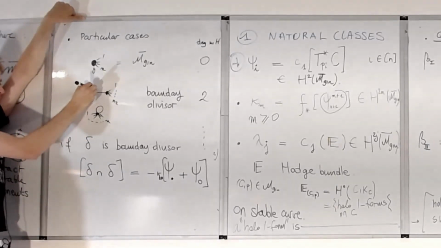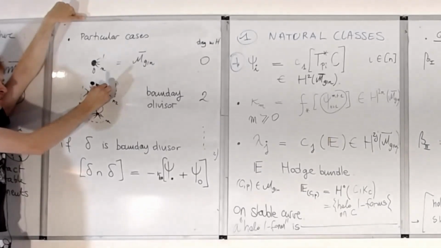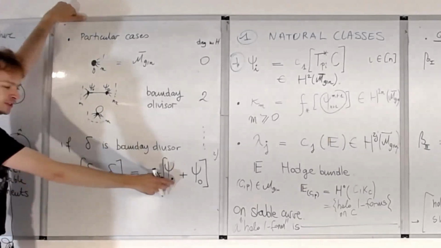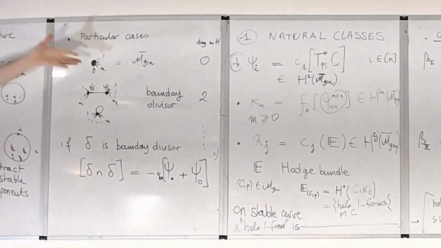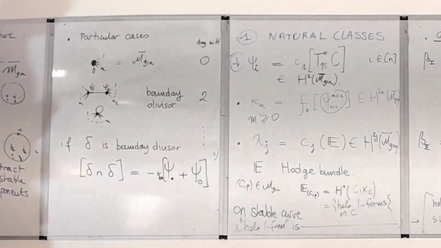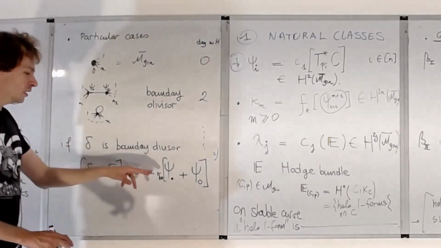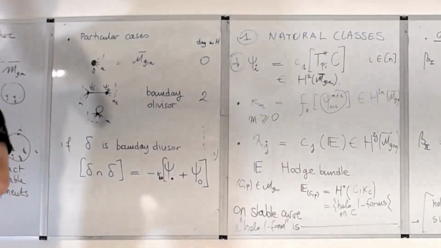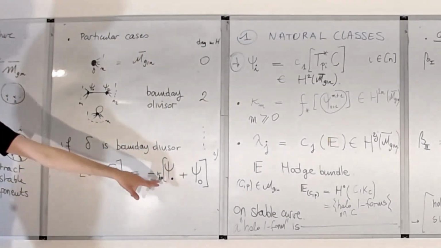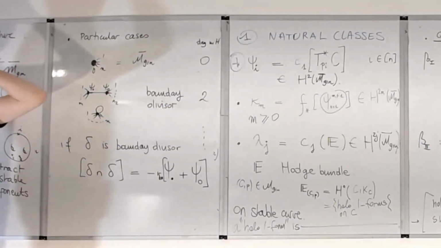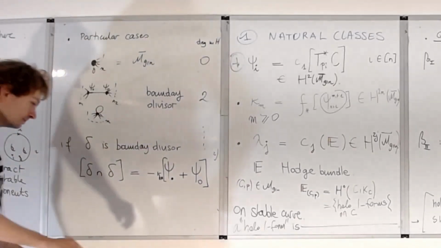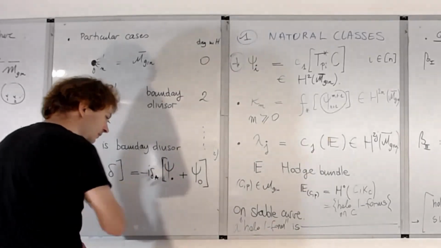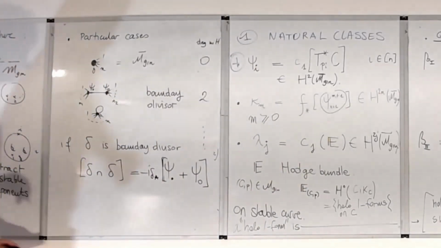So there's a psi class psi bullet and a psi class psi circle attached to these things seen as marked points. And so this thing has self-intersection, which is given by this. So this is a class in the product of the two moduli spaces, and I want to see it as a class in M_{g,n} bar, so I need to push it forward to include it in M_{g,n} bar. That's the inclusion morphism.